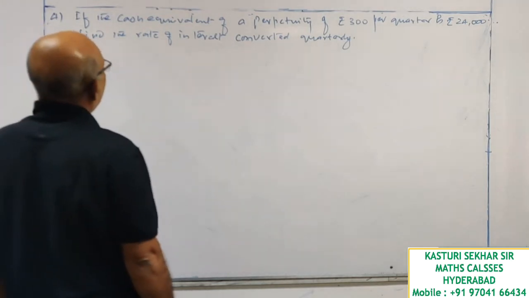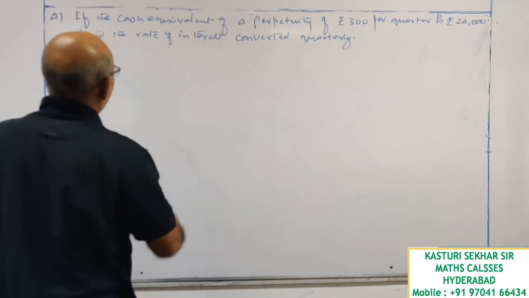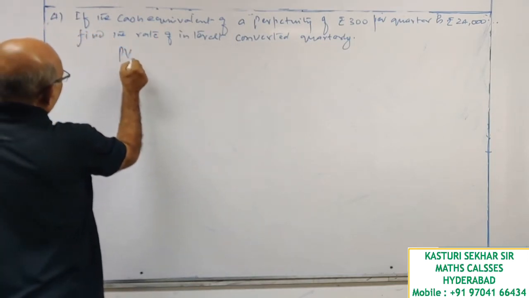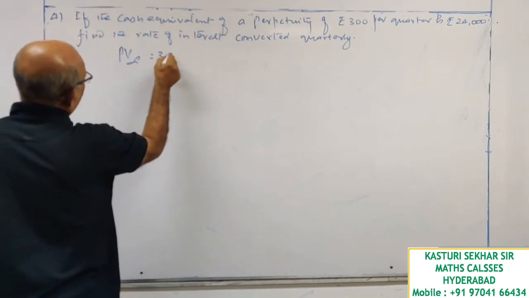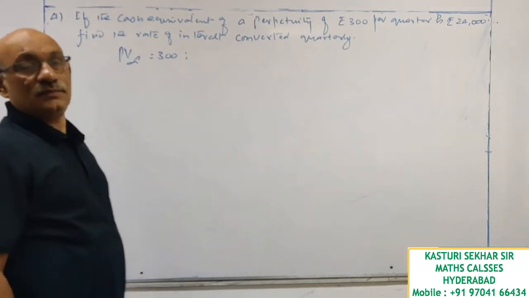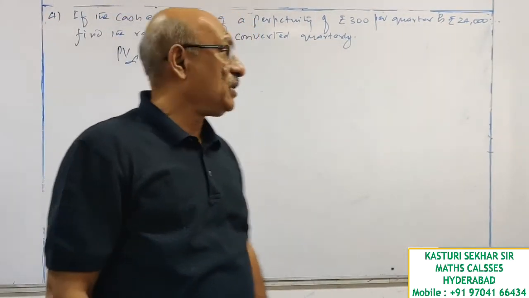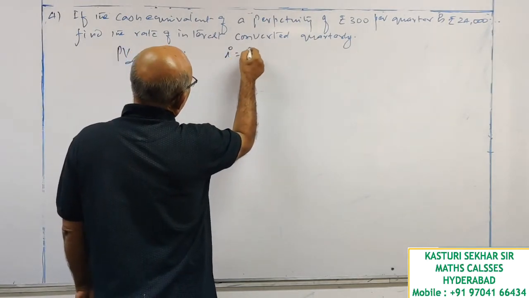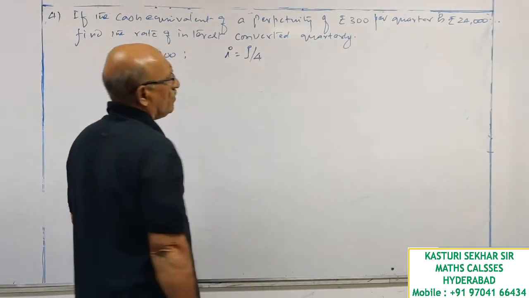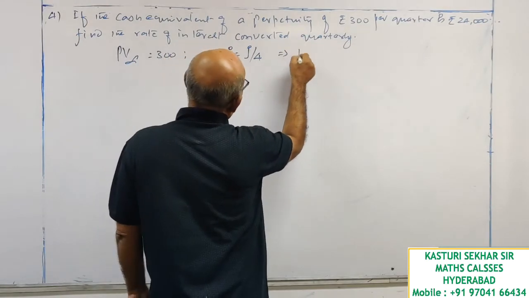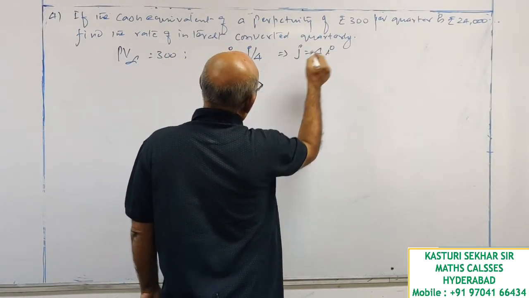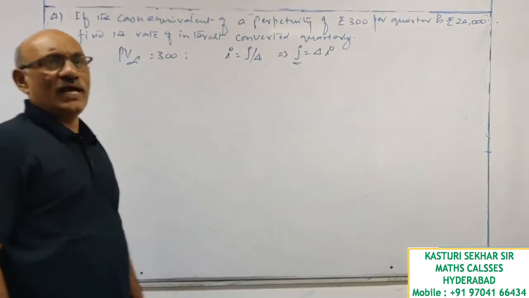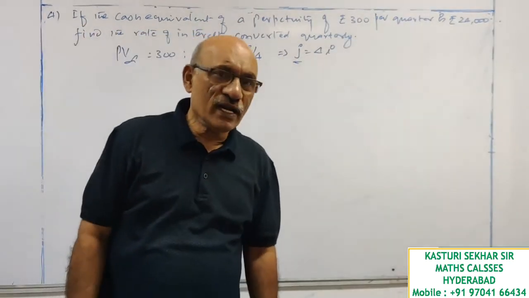Now look at this. Present cash equivalent of a perpetuity, present value of perpetuity, is given. I is equal to J by 4. It is converted quarterly, which implies J is equal to 4i. J value I have to calculate, meaning the rate of interest per annum.